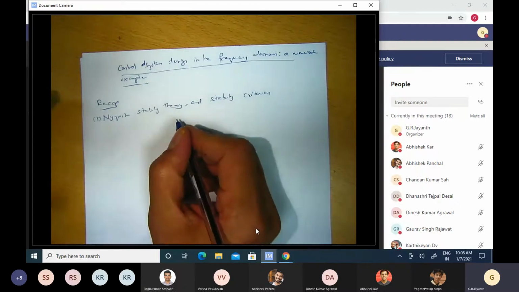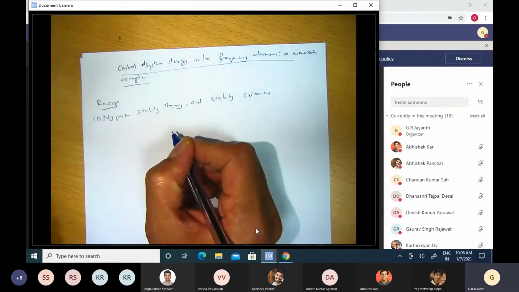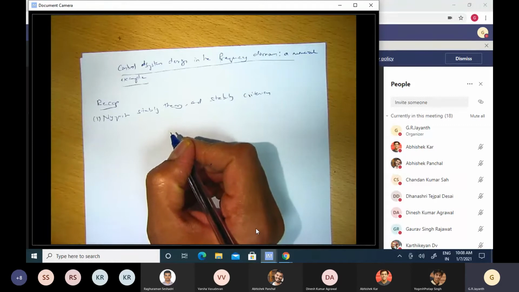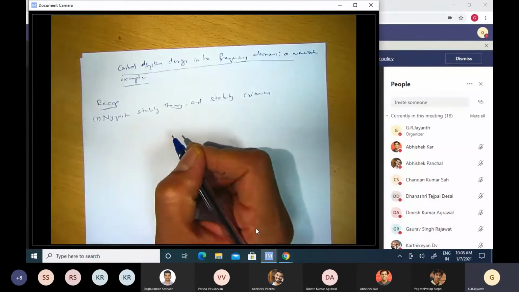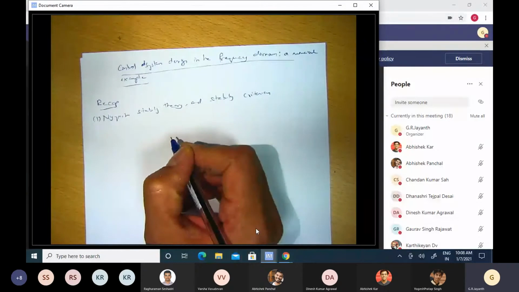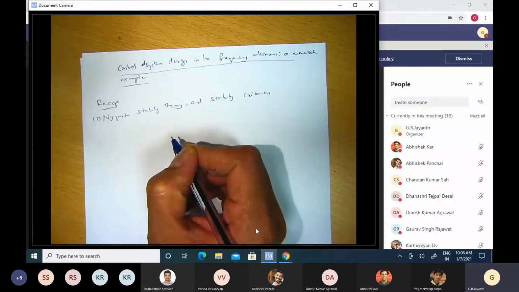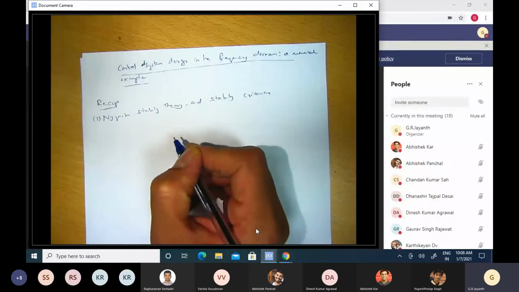So we draw the Nyquist plot for the transfer function, which is essentially a polar plot of the transfer function P of j omega, as omega is varied from 0 to infinity. That is what a Nyquist plot is. There's a second part to it, which is when omega is varied from minus infinity to 0, but that's a reflection of the first plot itself about the x-axis.